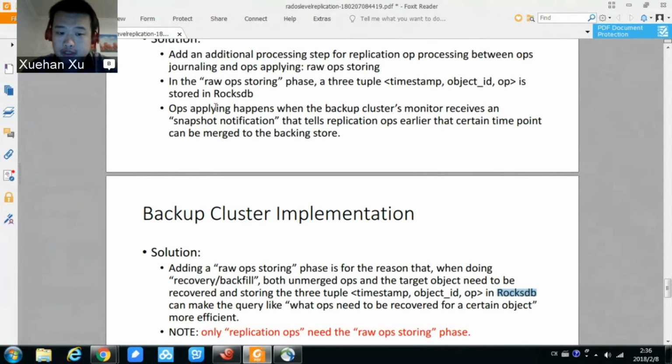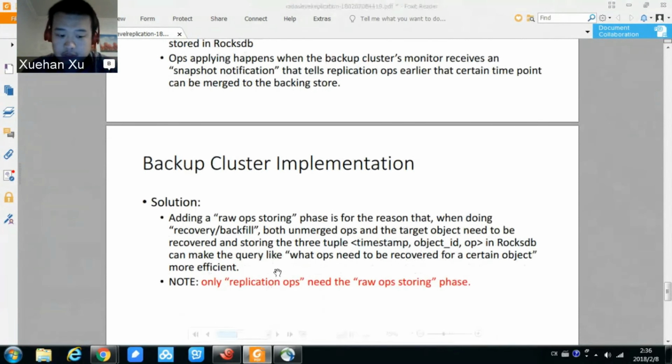Also, ops applying happens when the backup cluster monitor receives a snapshot notification that tells replication ops earlier than a certain time point can be merged into the backend store.